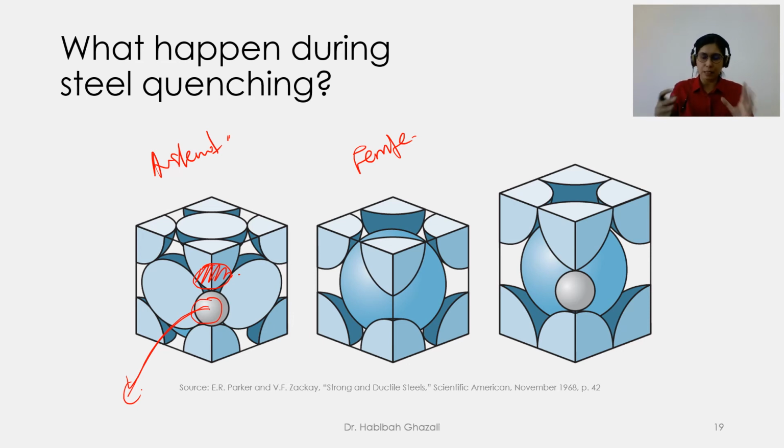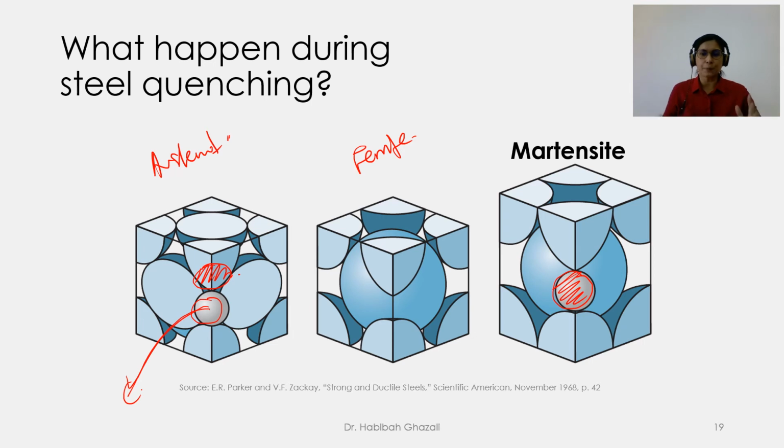So the BCC crystal structure now will have an expanded lattice parameter with carbon atoms trapped inside it. This is what we call the martensite phase. It has a BCT, body-centered tetragonal unit cell with carbon atoms inside it.